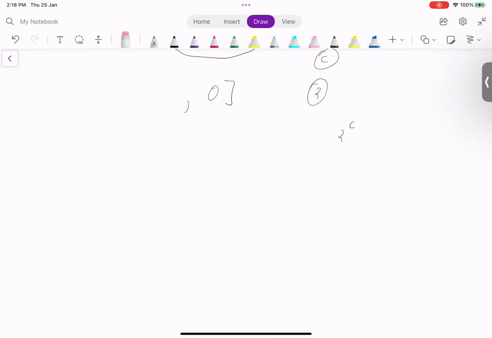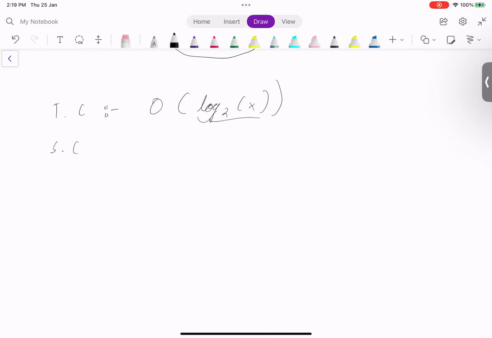So as we only use a single loop of size 30, as 30 can be the maximum number of set bits till 10 power 9, or to run a perfect loop, we can iterate up to the ceil of log base 2 of X. So we can say the time complexity is big O of log base 2 of X, or this can be 30 also if we fix 30 as our limit.